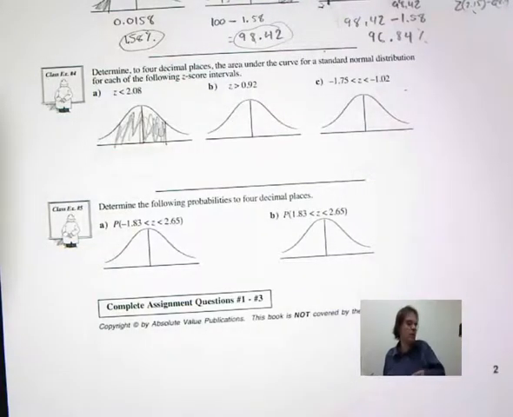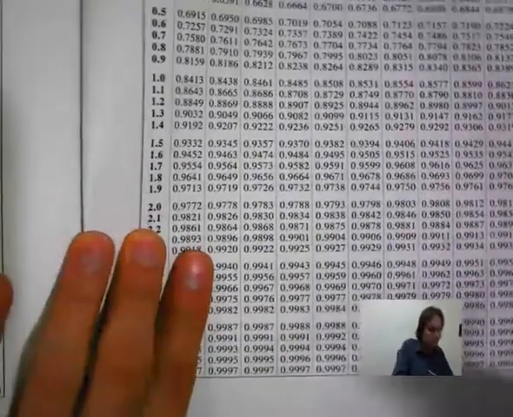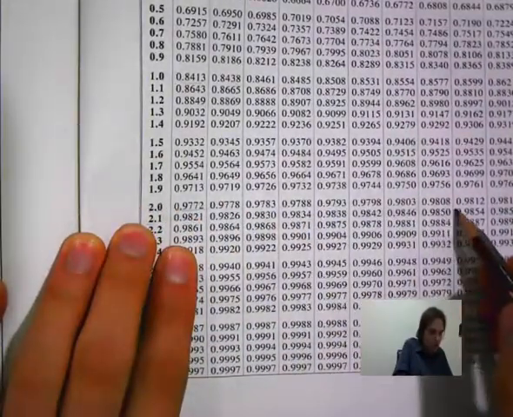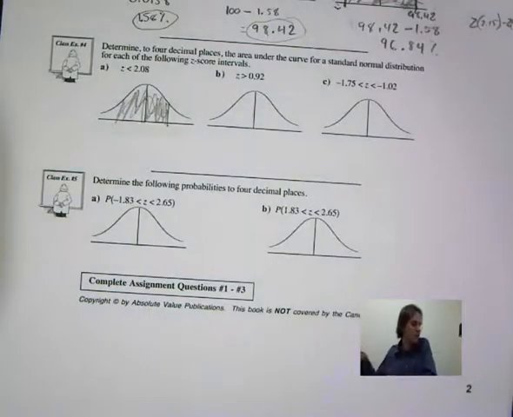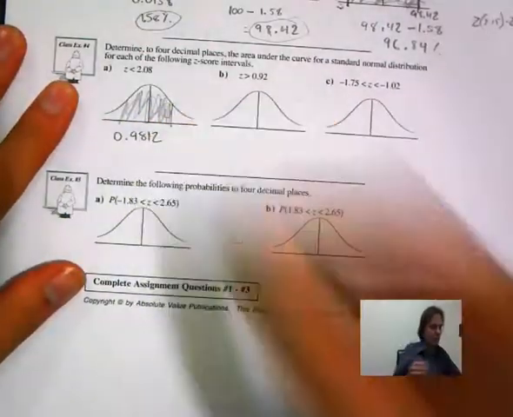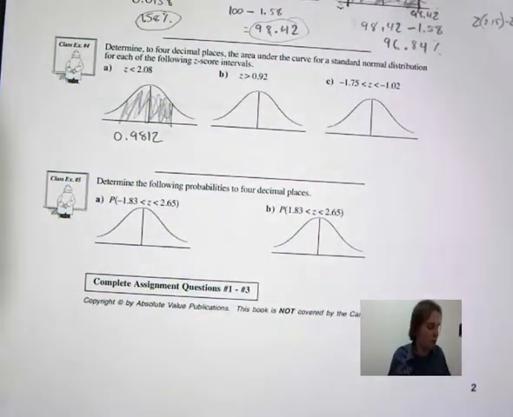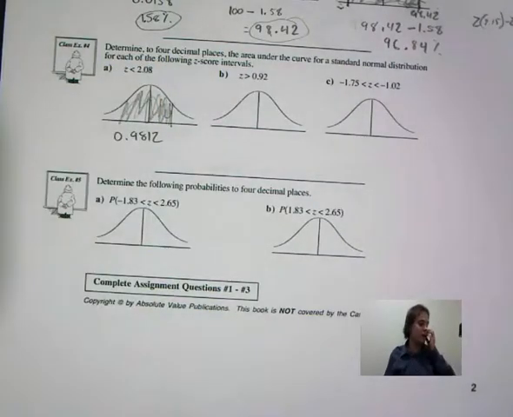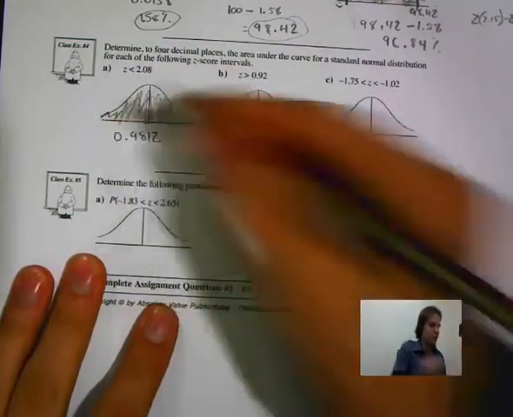It's actually probably farther than that, to tell you the truth. So we go 2.0, we go all the way to 8, which is right there, 98.12. So I put that in, 0.9812. There we go, that is our answer. It just wants the area. Our area is 0.9812 out of 1. So it goes all the way this way.